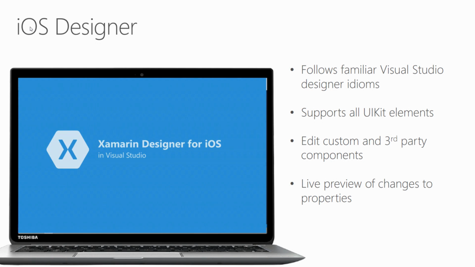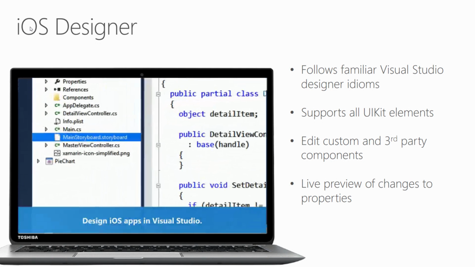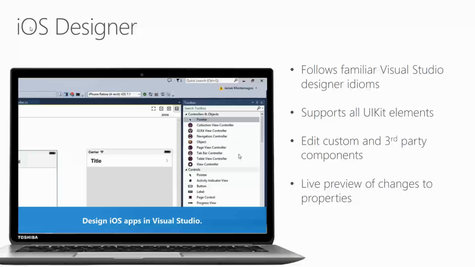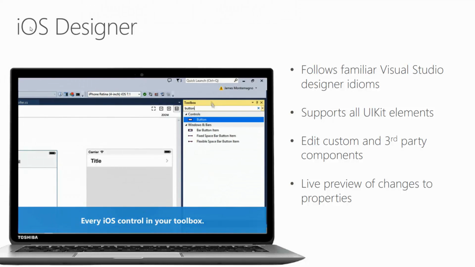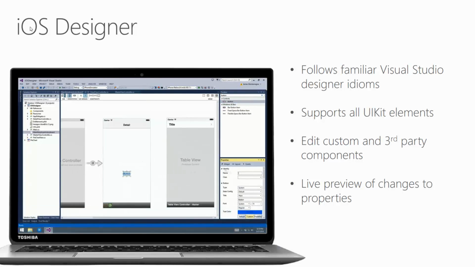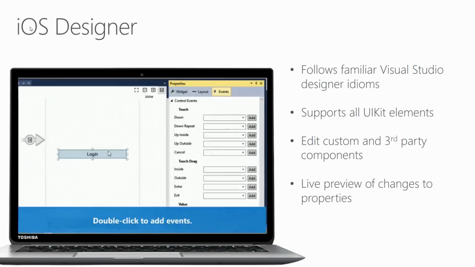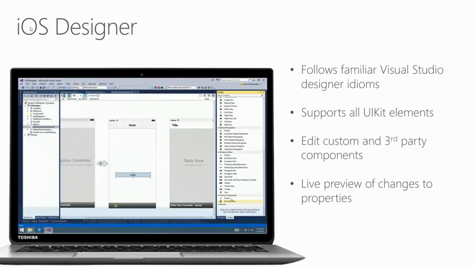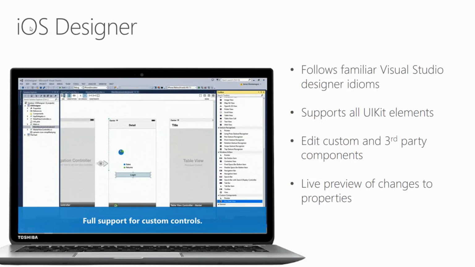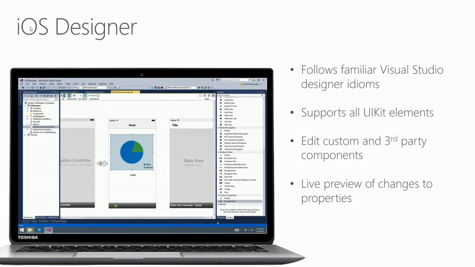I've already talked a little bit about the iOS Designer. The iOS Designer for Visual Studio, you'll find inside of Visual Studio. It's available in Xamarin Studio. It has full custom control, third-party component, live preview as you modify. The nice thing here is that it follows the same idioms from Xcode, so it's the same exact file. You could open it inside of Xcode and it will still render properly no matter what you're doing. So you can, of course, drag in custom controls, anything that you want to do.